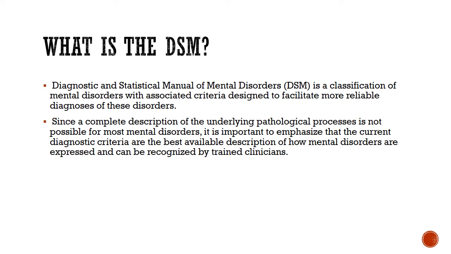So this is actually used to facilitate diagnosis and more reliable results. It is the most reliable source that psychologists have, and it gives the best technique. It gives the direction to psychologists and mental health practitioners on how to go about the treatment.